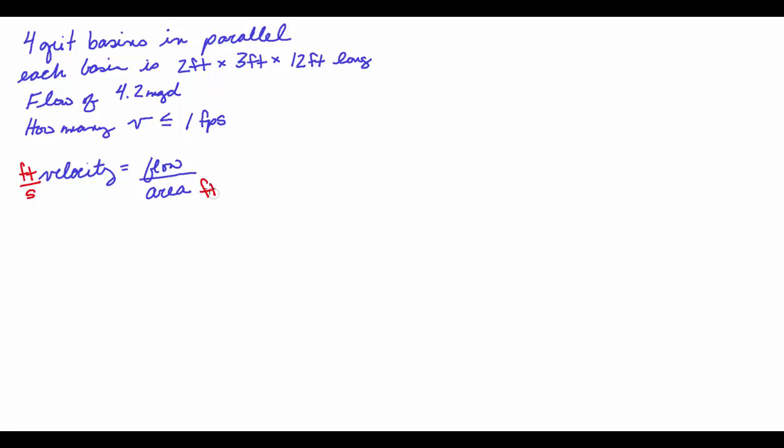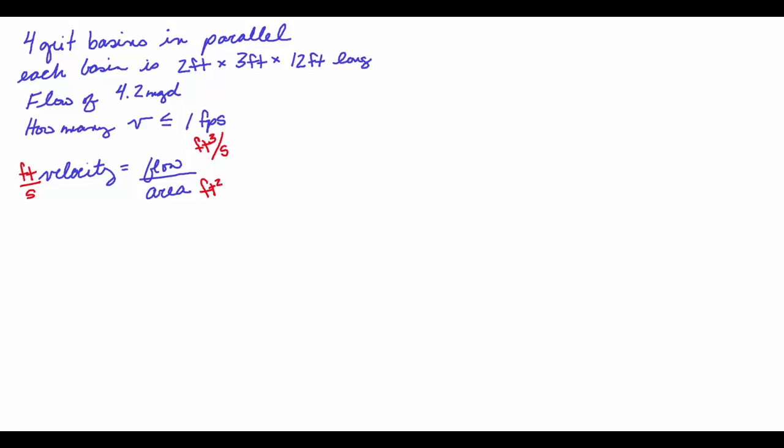So what does flow have to be in? It can't be in mgd. So it has to be in cubic feet per second. So you can see that these 2 square feet on the bottom cancel out 2 of these on the top, and then both sides would match, right? Feet per second and feet per second.